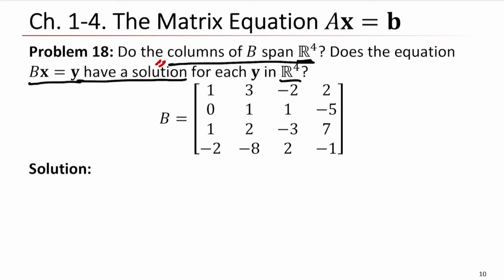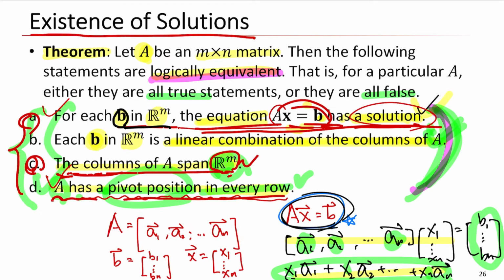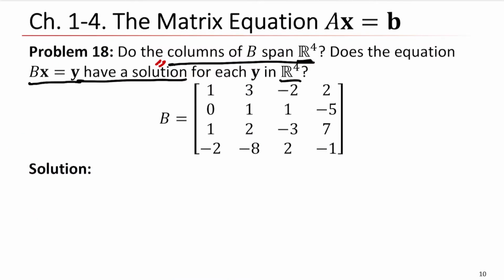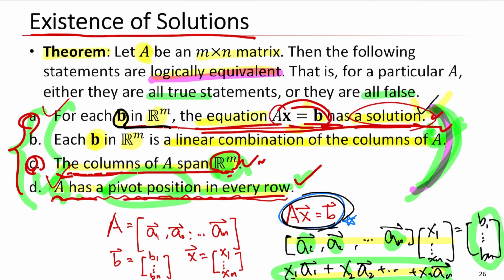So to answer this, we can analyze this matrix B by using any of the statements here and here and here and here. Any statement can be used to analyze this matrix B. Okay, in this case, let's use this one.